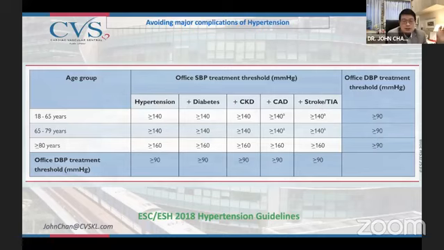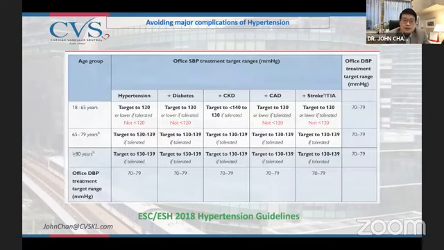So generally we will give some allowance for this before we initiate treatment for hypertension. But generally, in most patients, if the blood pressure in clinic is above 140, then it does suggest that we should intervene to lower the blood pressure, and the target for this is about 130.